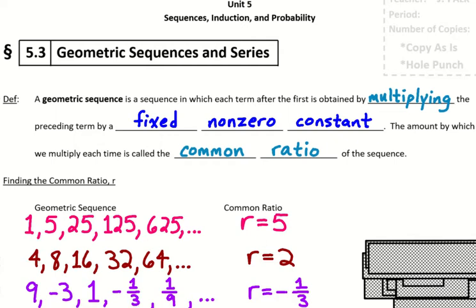So again, there's a very strong, obvious connection between adding and subtracting, and here there's a very fundamental connection between multiplying and dividing. But yes, this is what r would be, negative 1/3.